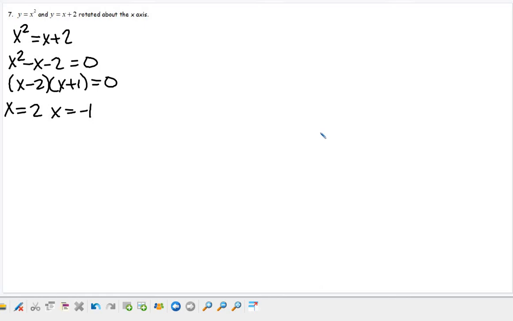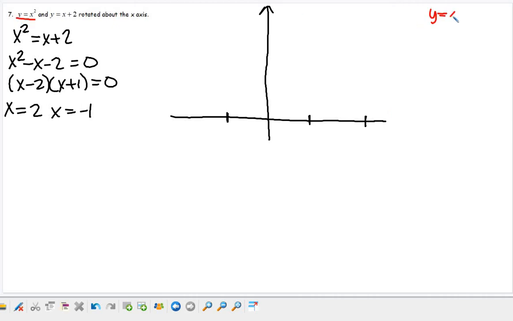So we're not bound in just the first quadrant this time. So I know I go negative 1, positive 2. So let's look at the first function. Y equals x squared. I know I need negative 1 and 2. So negative 1 squared is 1, 2 squared is 4.